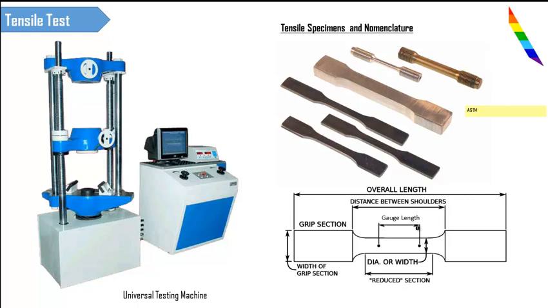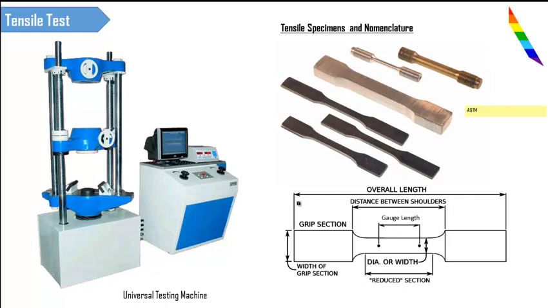The marking of the gauge length is very important, because the computer needs some input data to do the calculations. One of the input data is the gauge length. Another one is the diameter or the cross-sectional area. These are some of the input values that we give to the computer for the calculation.